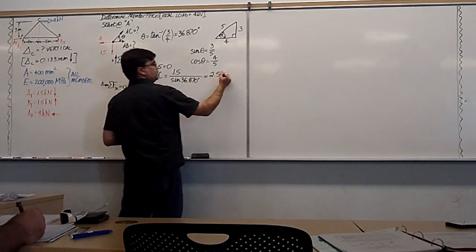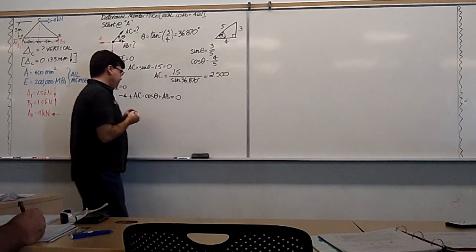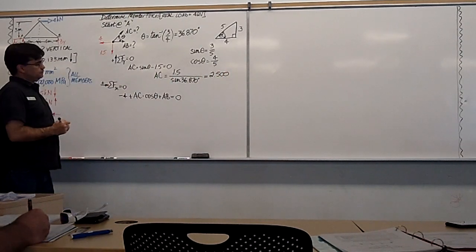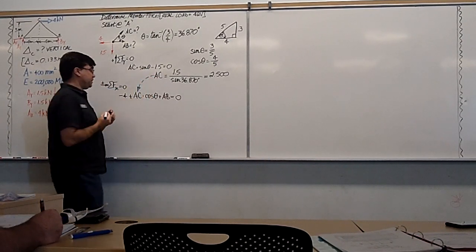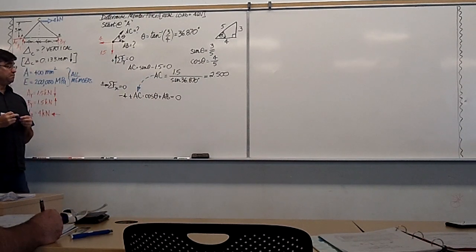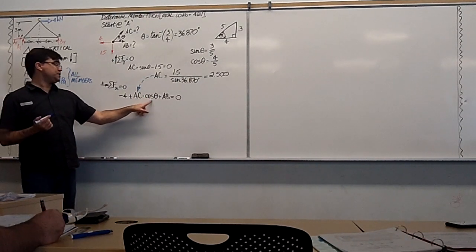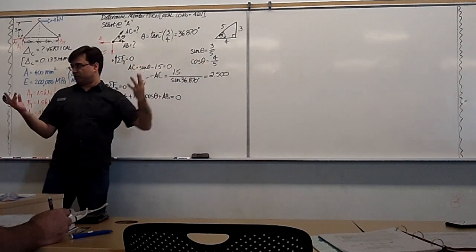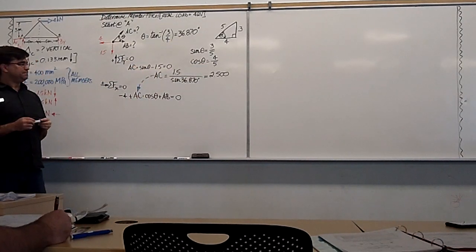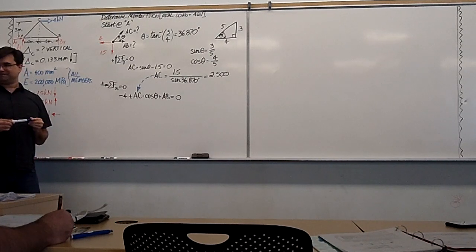I'm just going to add a 0 here. Okay, so we have the value of AC right there. And then we know that cos is either 4 over 5 or cos of that number. Make sense? Okay.